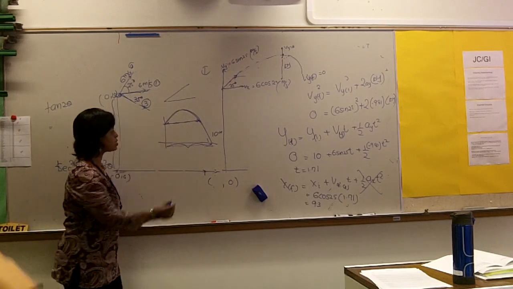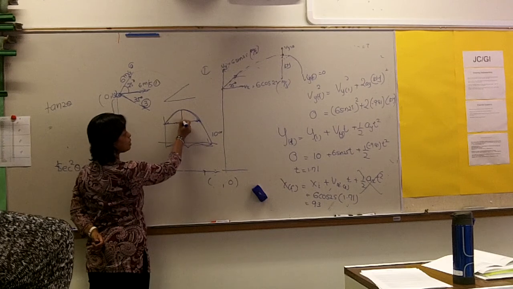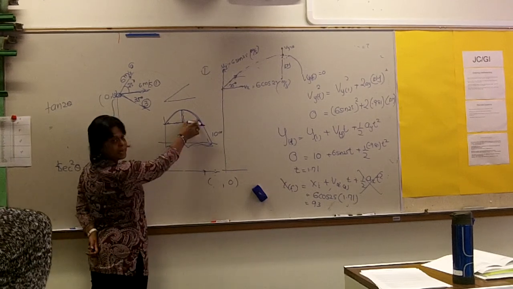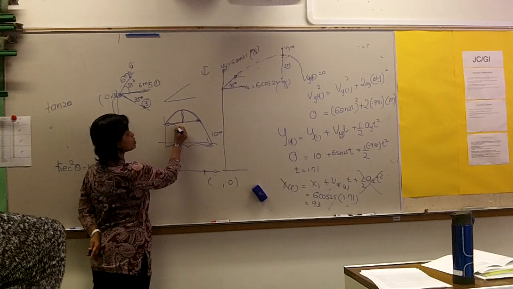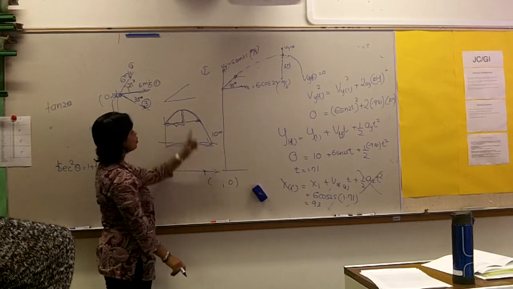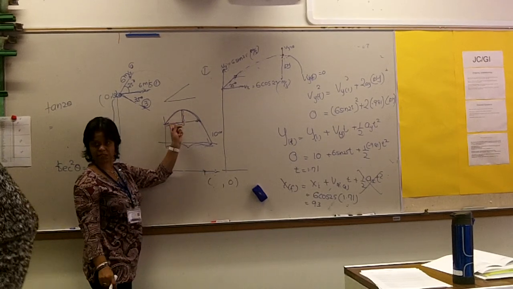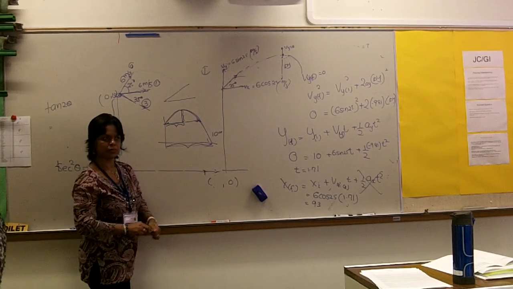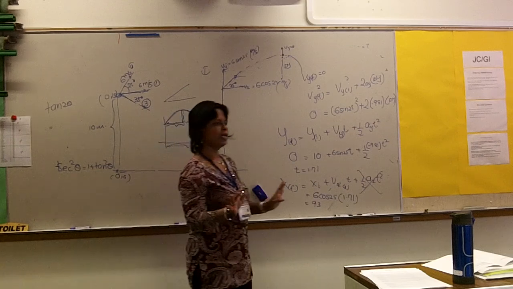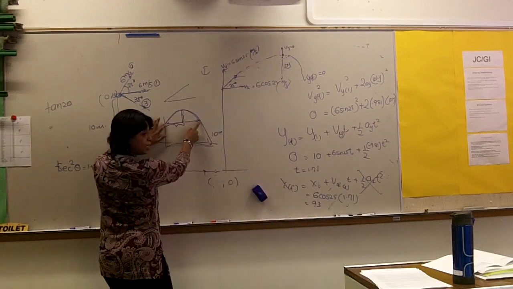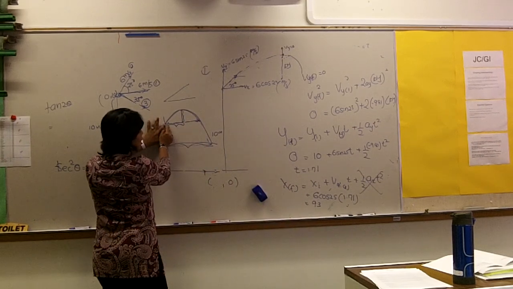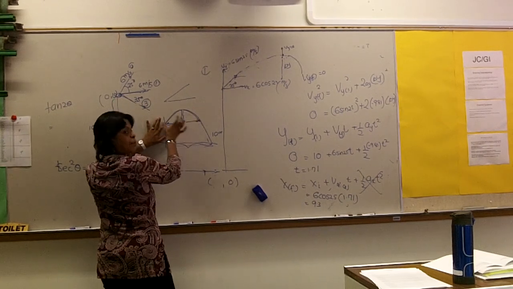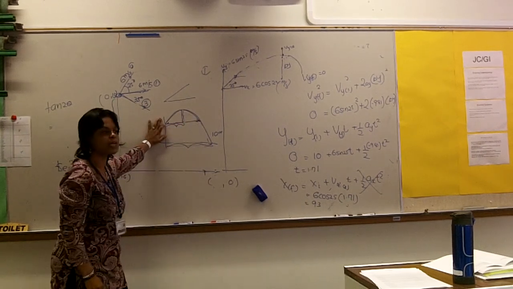But the best way is, do you know the time it takes up to here, and double that? You can find this time, right? For your Vy to become 0, what is the time? And double that time. If you want to find the time from here to here, find the time taken for V final to become 0.